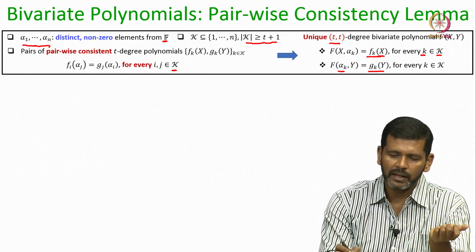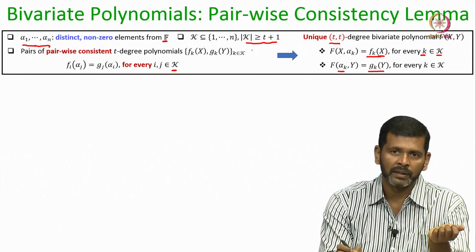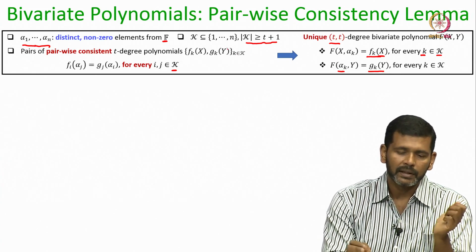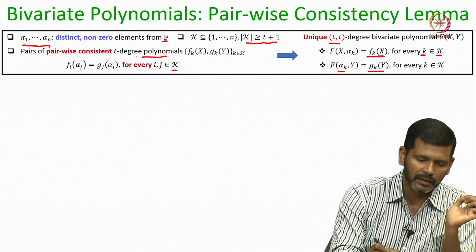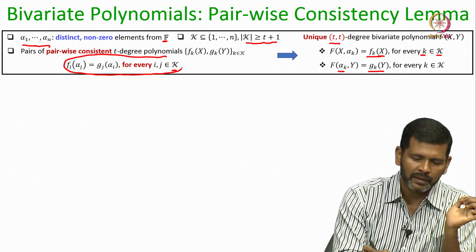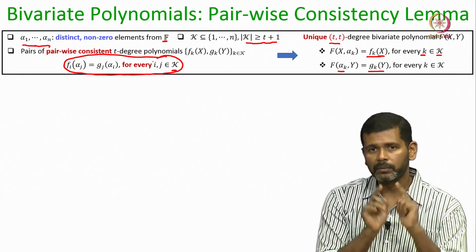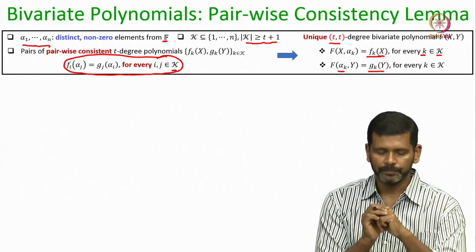So, you are given t plus 1 or more number of pairs of x and y univariate polynomials, which are guaranteed to be pairwise consistent among themselves. That is important. Even though they are t plus 1 pairs of arbitrary univariate polynomials, they have to be pairwise consistent, then only this uniqueness property will hold. Okay.